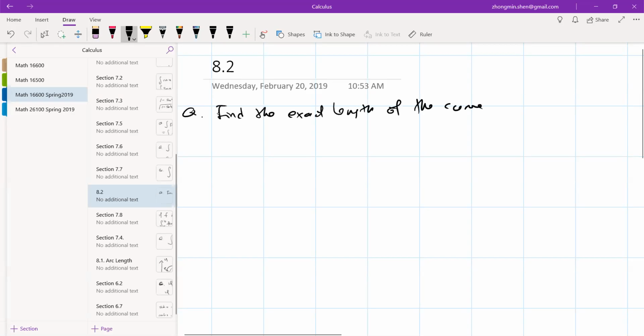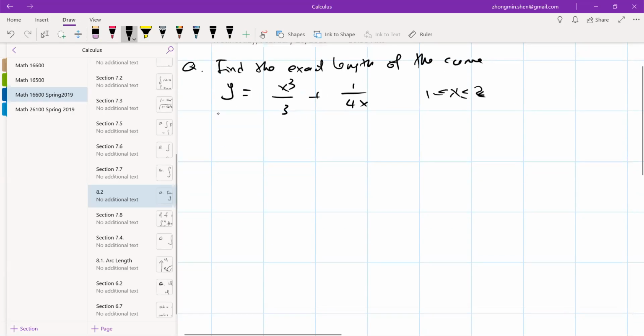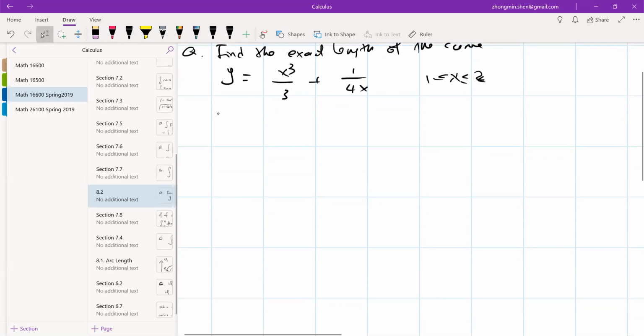The curve is given by the function x cubed divided by 3 plus 1 over 4x, where x is between 1 and 2. I may skip some steps. The idea is very simple.